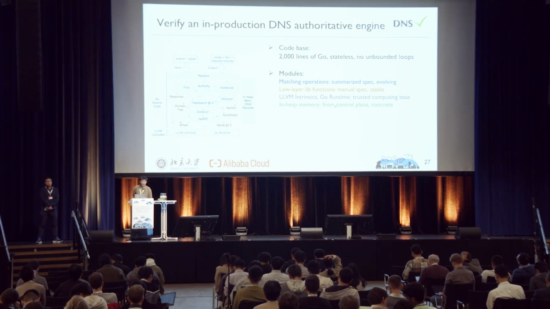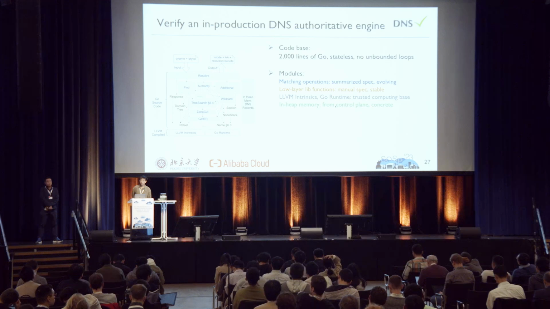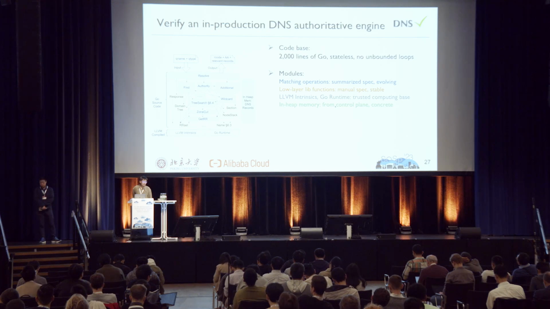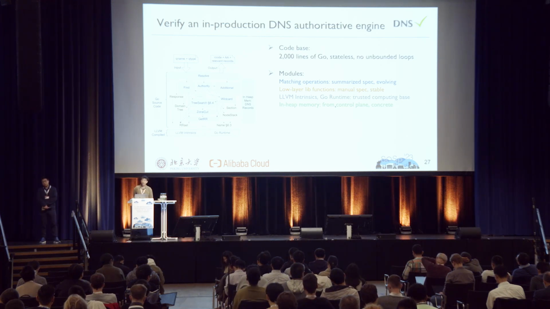So we write manual specification for them, so we do not need to involve a lot. And for the blue modules, they are the matching operands, and they change every day, every month. So we use the specification summarization. Okay. And did I answer your question?